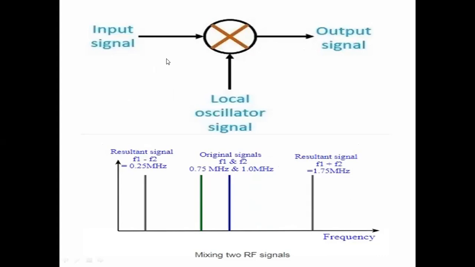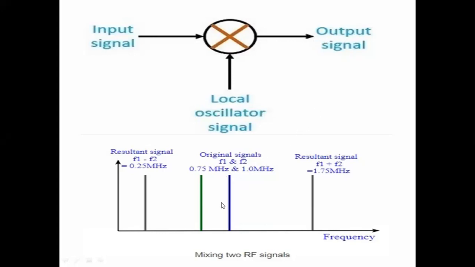It is a mixer. From one side we get the input signal, from which we have to analyze the particular frequency component. From the other side of the mixer, we use a local oscillator signal, which also generates a frequency signal. By mixing these two signals, we generate the output signal.